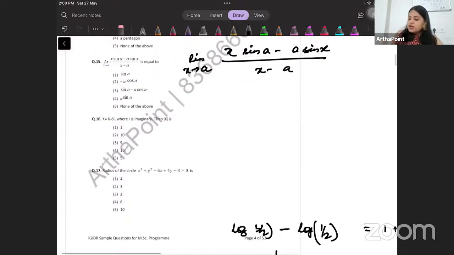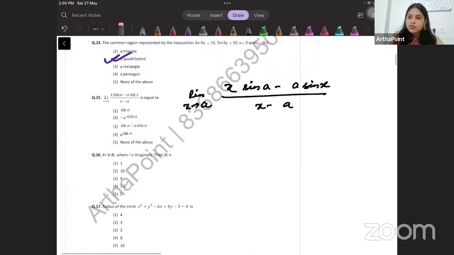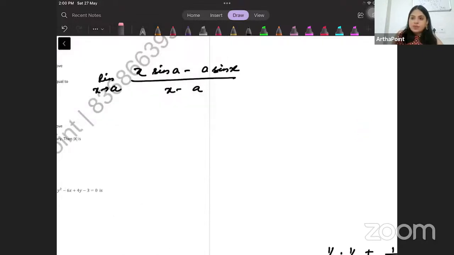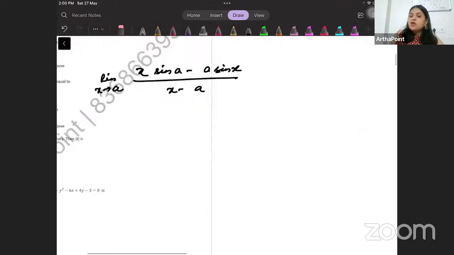Since you get 0 by 0 form, the only way to solve this question will be by using L'Hopital rule.